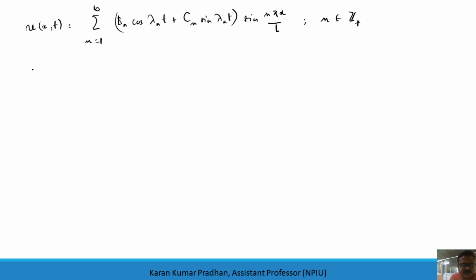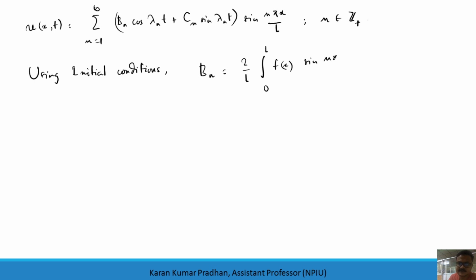So these are all the process of the method of separation of variables to solve the PDE. Now using the initial conditions, that means the initial deflection and the initial velocity, we'll get your B_n. I am not going into detail on this calculation. B_n is 2 by L, integral from 0 to L, of the function times sin n pi x by L, with respect to x.